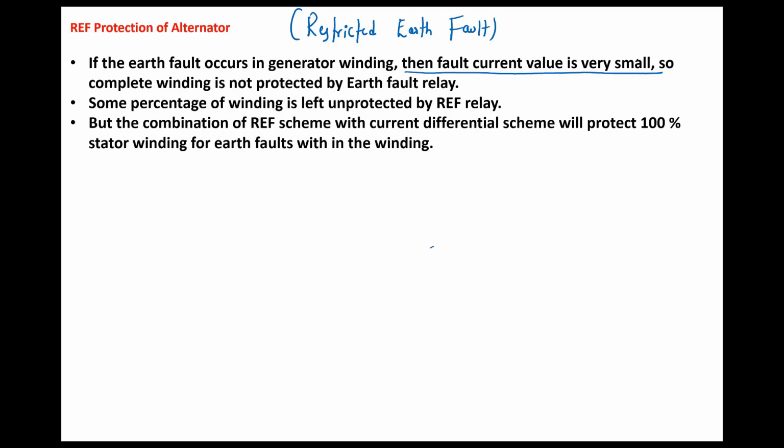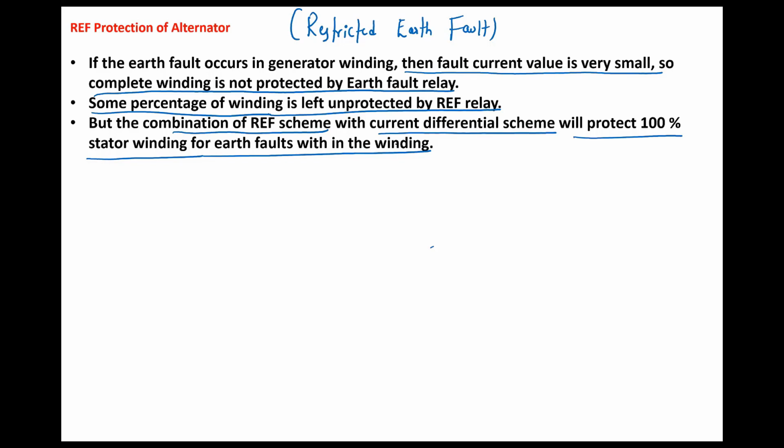So the complete stator winding is not protected by the earth fault relay. Some percentage of winding is left unprotected by the REF relay. But anyhow, the combination of REF relay and current differential relay will protect 100% of the stator winding from any of the earth faults.